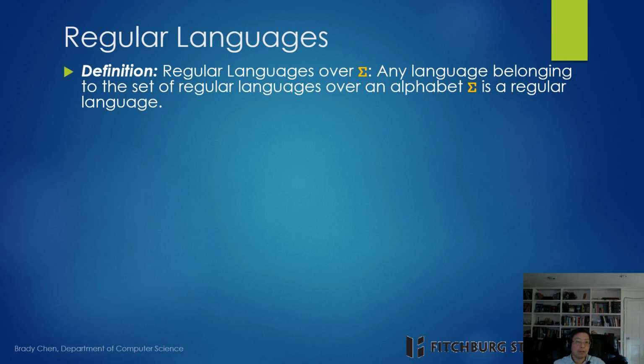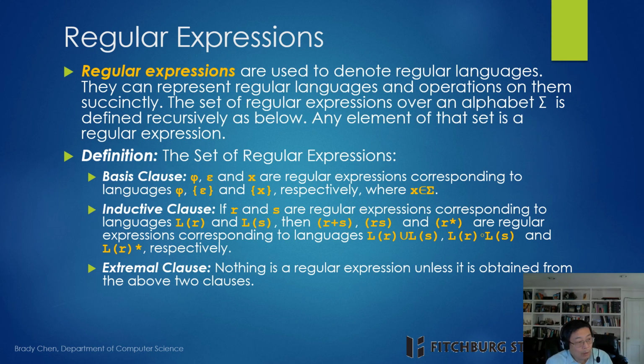Okay, so that means every subset of the sigma star is a regular language in this sense. Okay, now we know how to construct a regular language using the definition of regular language. It's a recursive definition.